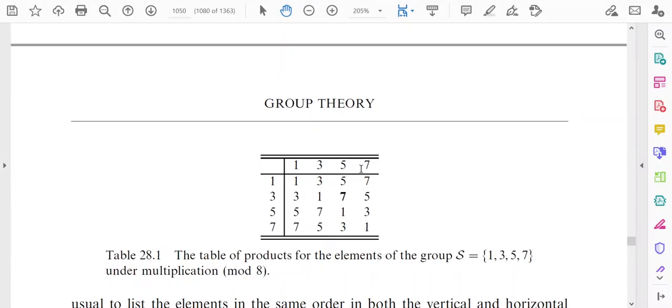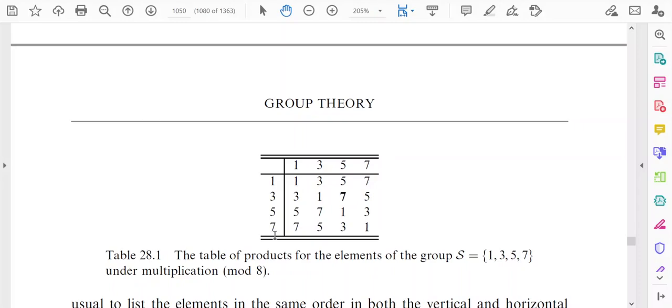In this header, the group elements have been written. Here the group elements are 1, 3, 5 and 7, so they have been written as 1, 3, 5 and 7. This is the header, and on the left hand side there is a column, and we have again written the group elements: 1 at first, next 3, next 5 and next 7.